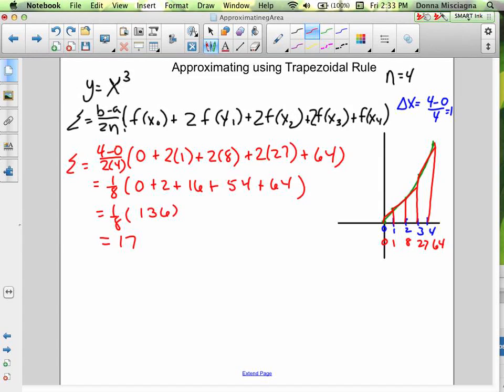So 17 is the area under the curve. Later on, once you know how to find the exact area, you can see how close we are. Right? But that one is done. Let's do another one. And that's all there is to these, by the way.